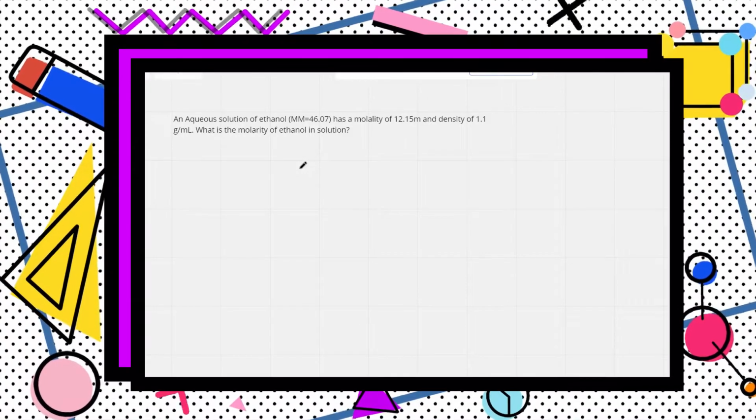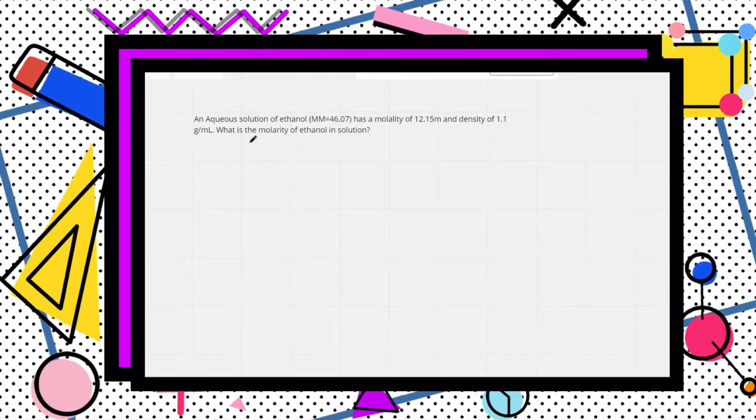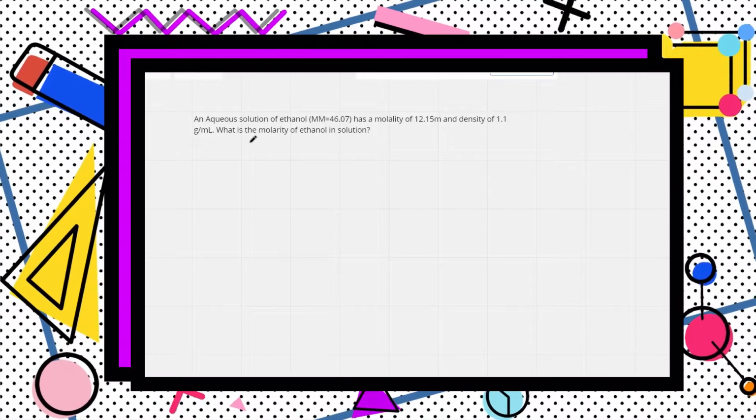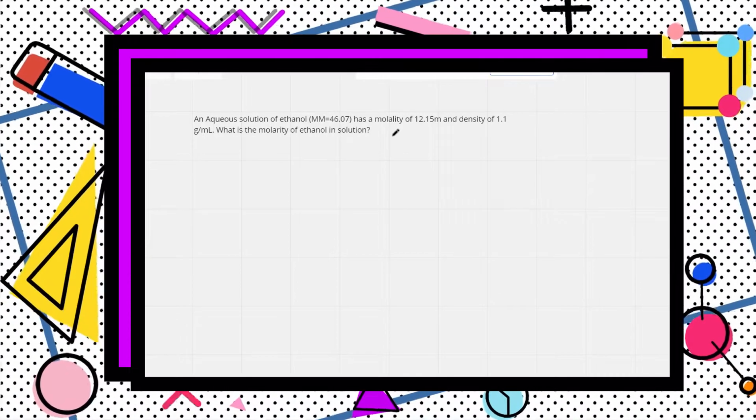So the first thing that should come to mind, everybody, is: what's the difference between molality and molarity? If you don't know the difference, this is where you're going to get caught up. Because it's asking for molarity, and you're like, well, I thought molality was the same thing.